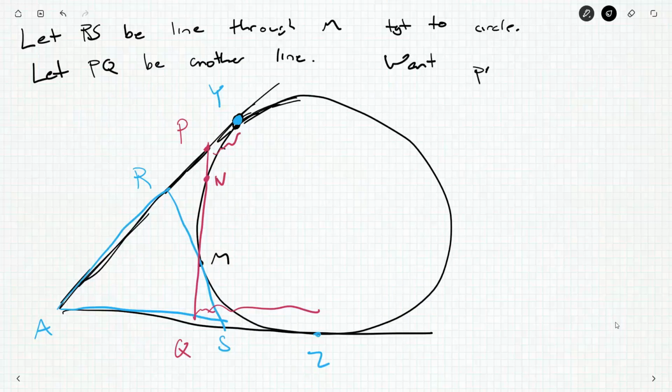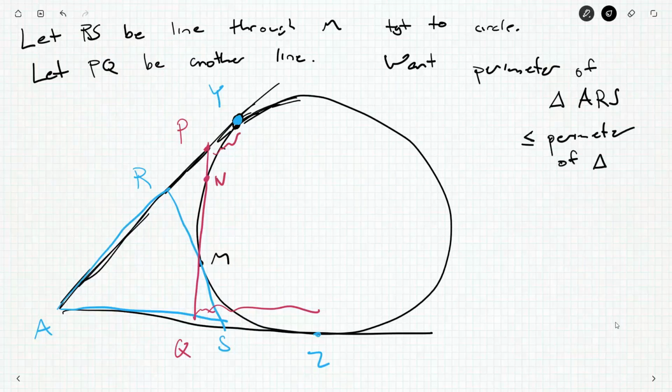We want the perimeter of ARS to be less than or equal to the perimeter of APQ. And so from this, I decided to turn the perimeter of ARS into AY plus AZ and tried to compare it that way.